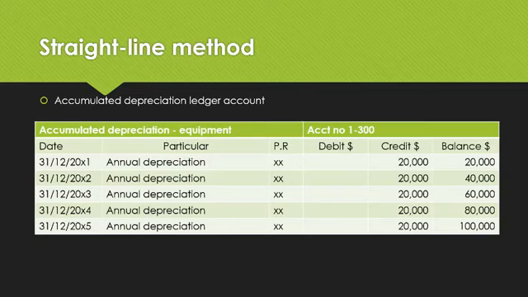If you look into the ledger account, accumulated depreciation equipment, we have 31st December 20x1 till 20x5. You can see that the depreciation charge remains the same. With the straight line method, sometimes they will say the depreciation is allocated evenly.